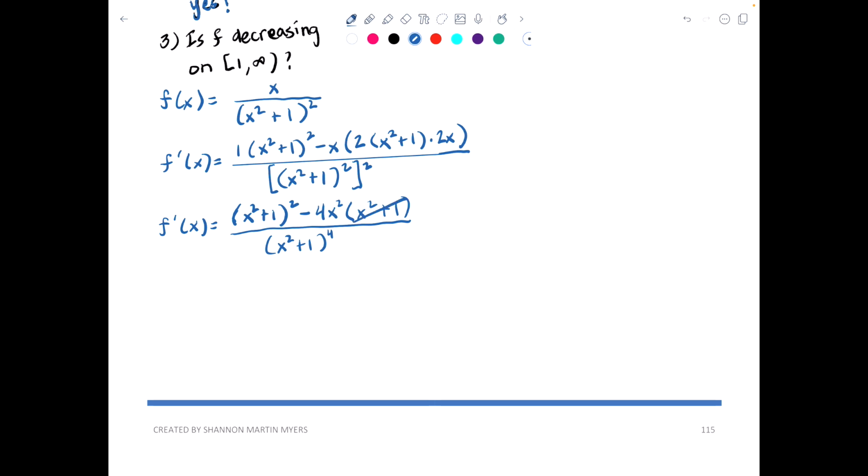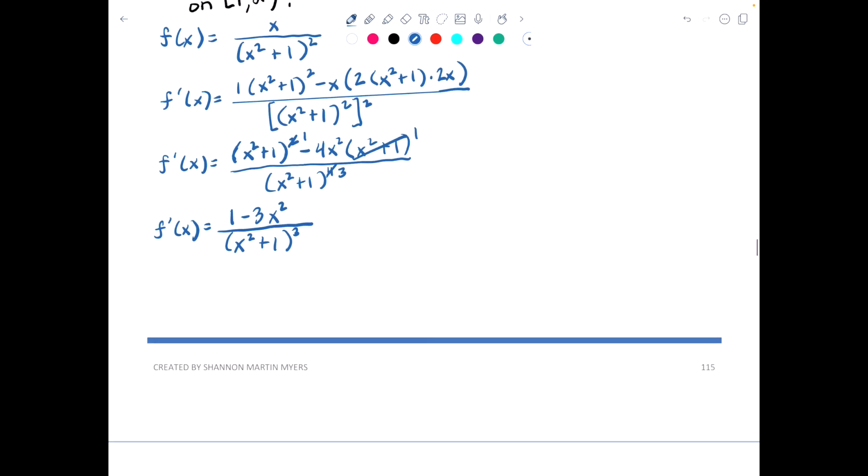We can divide out one factor of x squared plus 1 from each term, and we'll be left with f prime of x equal to x squared plus 1 minus 4x squared, which gives us 1 minus 3x squared, over x squared plus 1, the quantity cubed. That denominator is always positive, right?